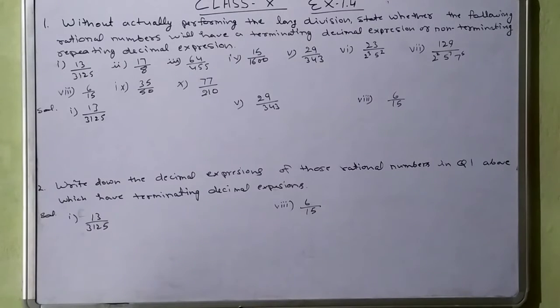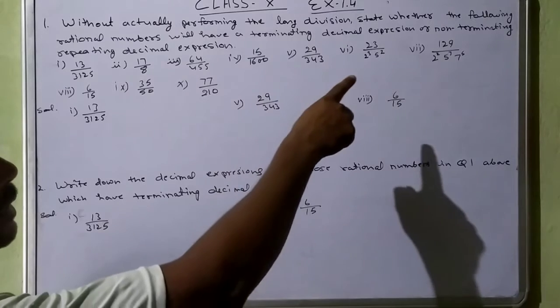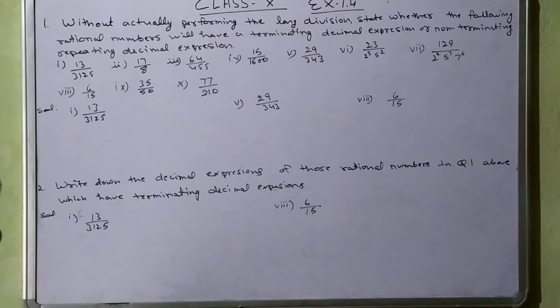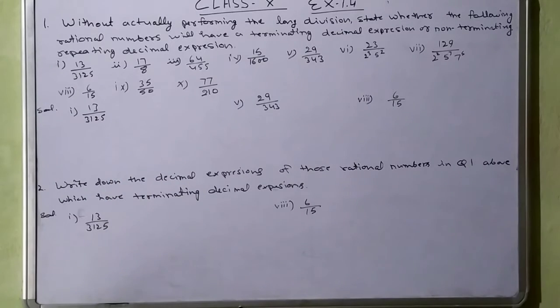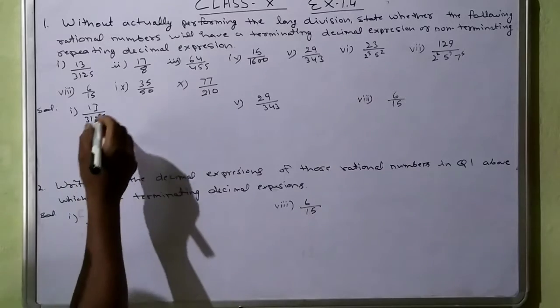Terminating means the factors of the denominator are 2 or 5 or both. If any other prime number is coming, that means it is non-terminating. Here you are looking at the 10th part. I am doing a few parts here, and the other parts you can do at home.